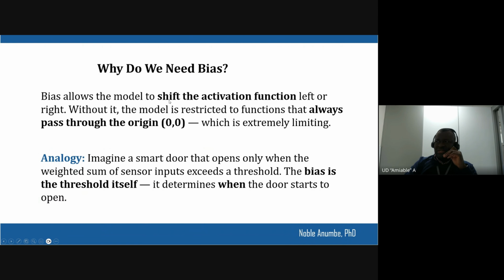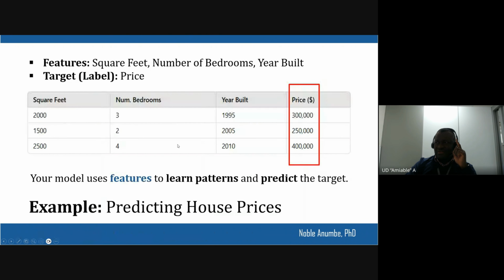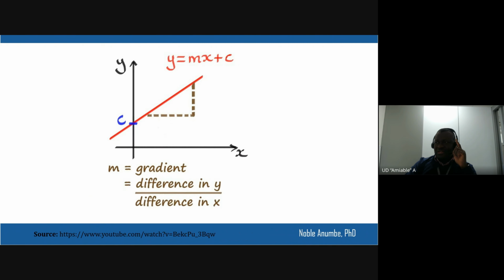Bias allows the model to shift the activation function left or right. Without it, the model is restricted to functions that always pass through the origin, right? Let me go back to what you know again to try to explain what this means. Remember this straight line, right?